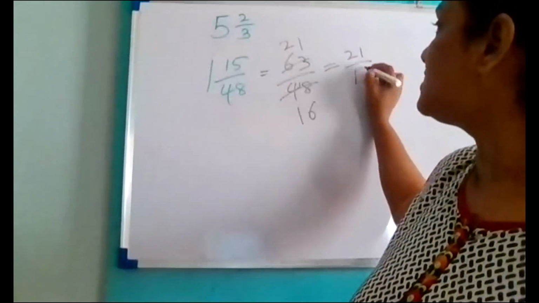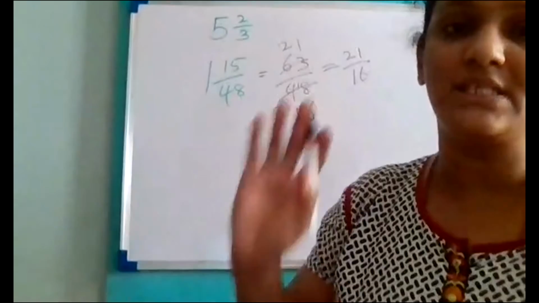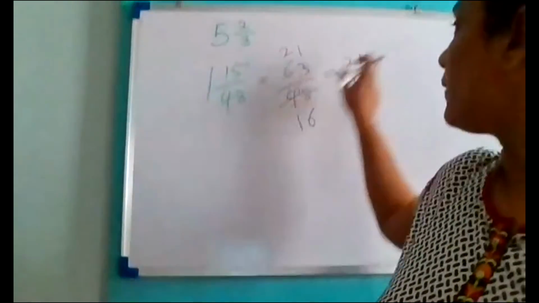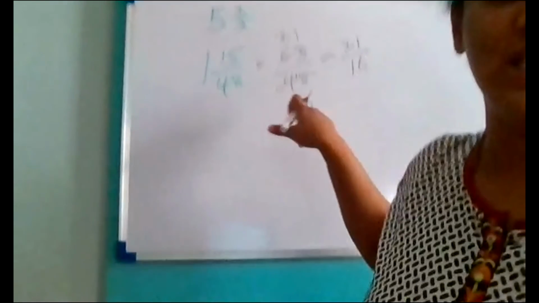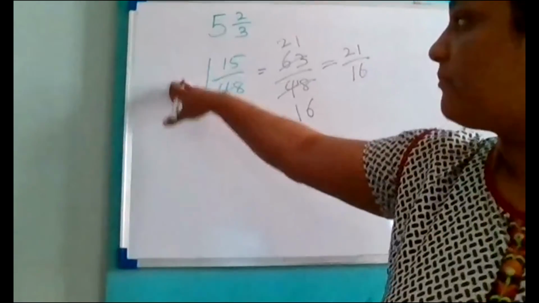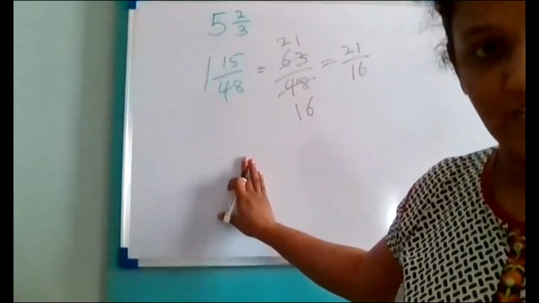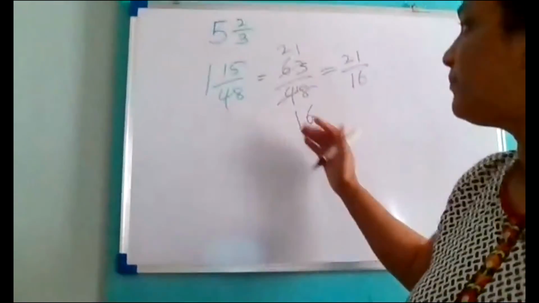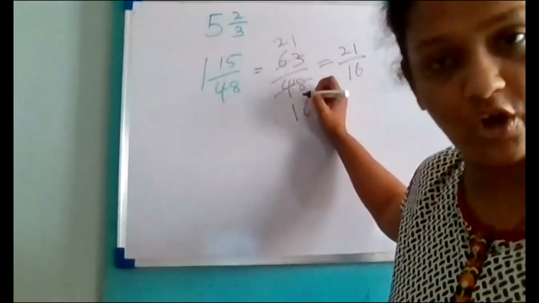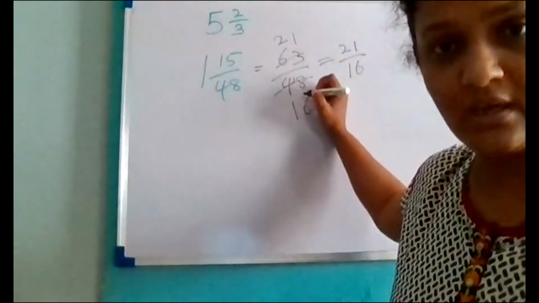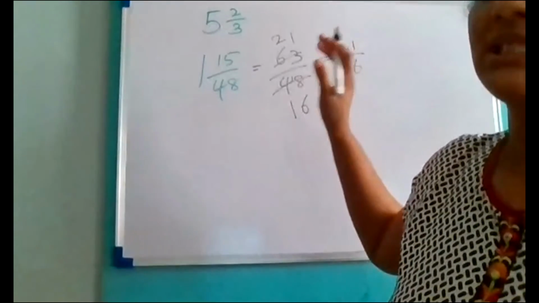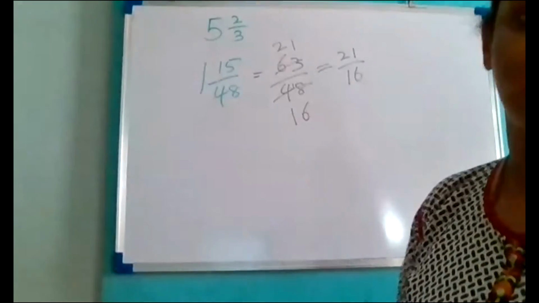So 21 upon 16. It cannot be divided further by the same number. So 1 and 15 by 48 is a mixed fraction. When you convert it into an improper fraction, you get 63 by 48. That is not the simplest form. The simplest form is 21 by 16.